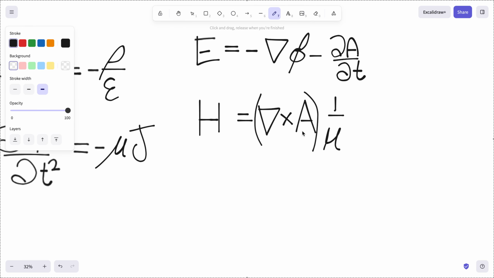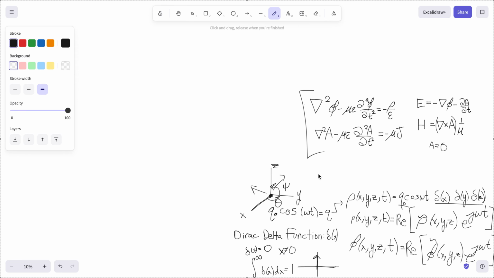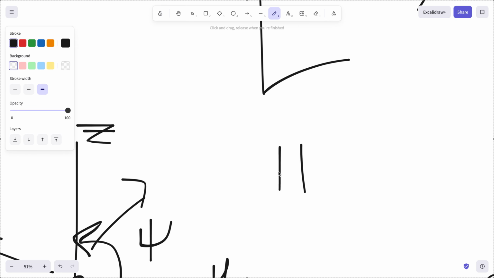So we know that A here is equal to 0 because there's no current, it's just a charge. So that means that we know that in this point charge scenario, H equals 0.